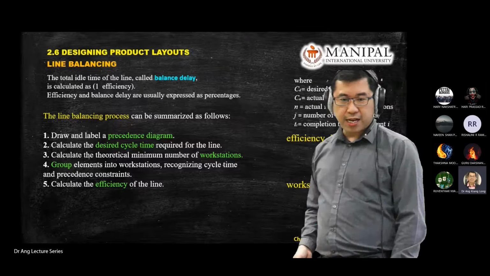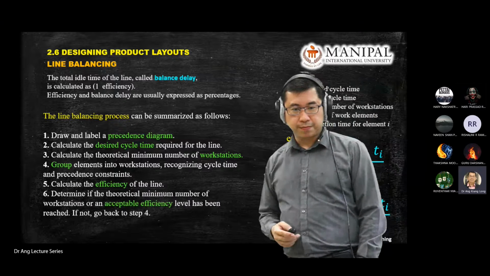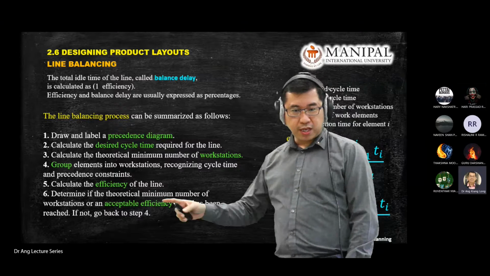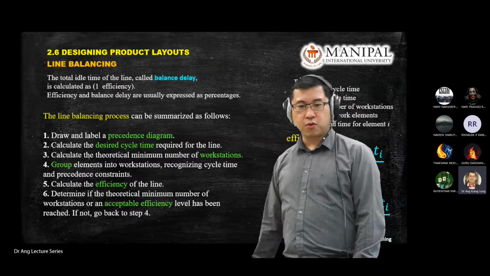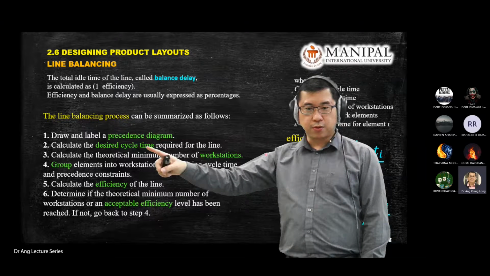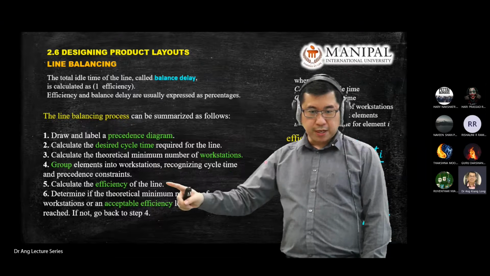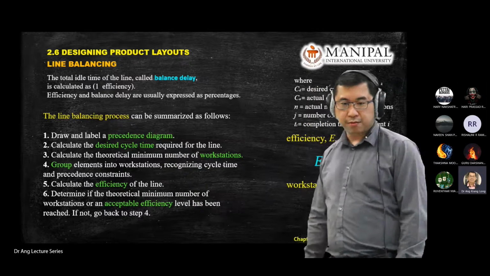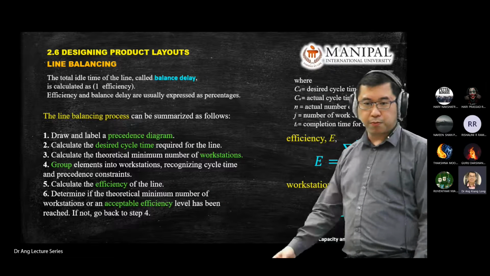We will follow these steps in the tutorial question. Yeah, so if the efficiency is not good or lower than what you expected, you can go back to the drawing board here to change some parameters and see if you're able to improve.